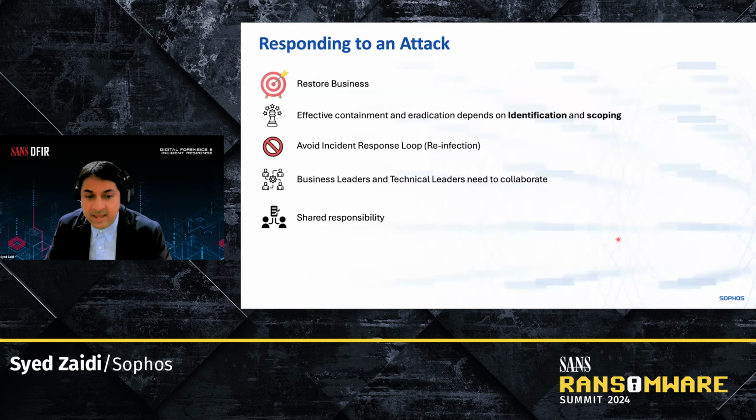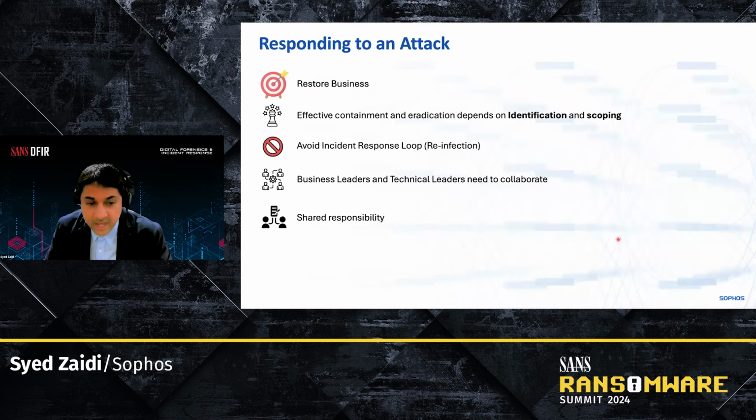But the main point here is that you don't want the incident response loop where what you are remediating gets attacked again and again. So effective containment and eradication depend on identification and scoping. This is the key to incident response. How well you identify and how well you scope will help you in all the stages of the incident response cycle.